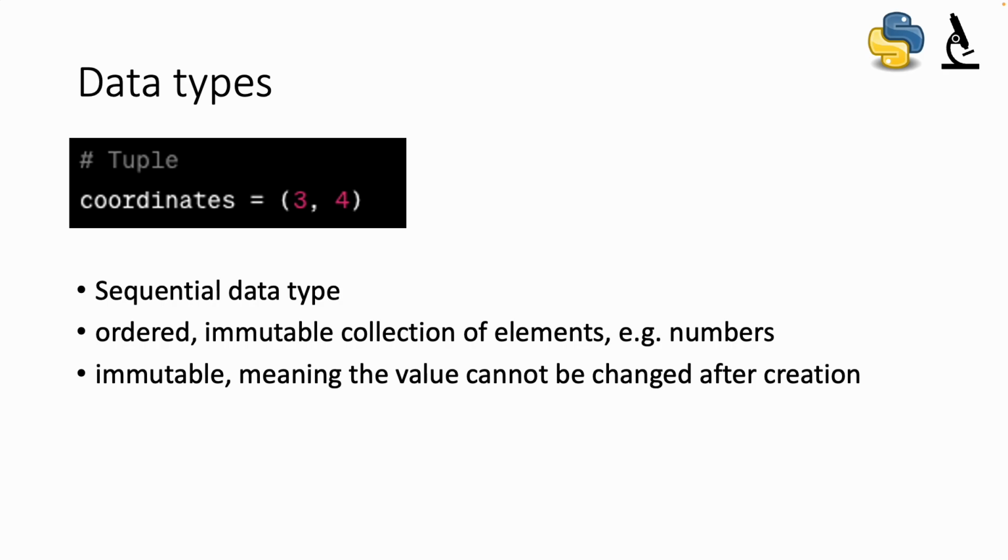So next data type is tuple. What is a tuple? It is also a sequential data type. It is ordered, so also the order matters. It is an immutable collection, again, as the strings. Like the strings, once a tuple is created, it cannot be mutated, but of course deleted, for example, if there is no reference to this tuple anymore, then basically it doesn't exist anymore.